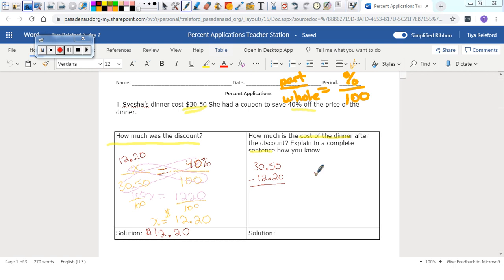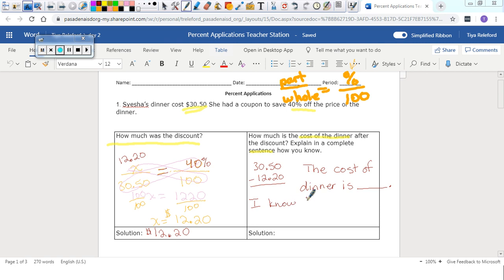If you're looking for a sentence and you're having trouble, start with the question, how much is the cost of dinner? The cost of dinner is, and then it says explain how you know.